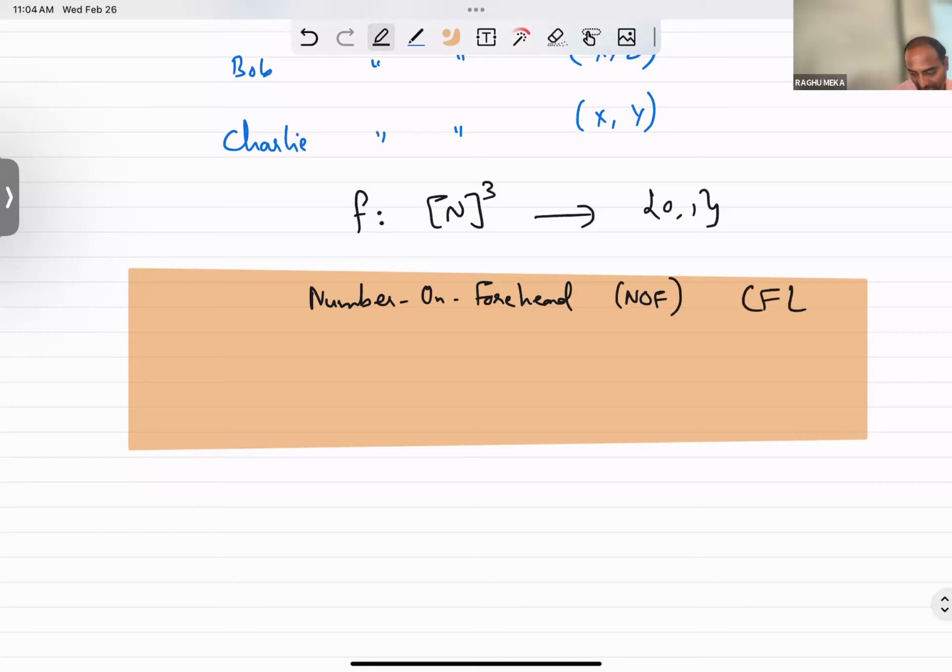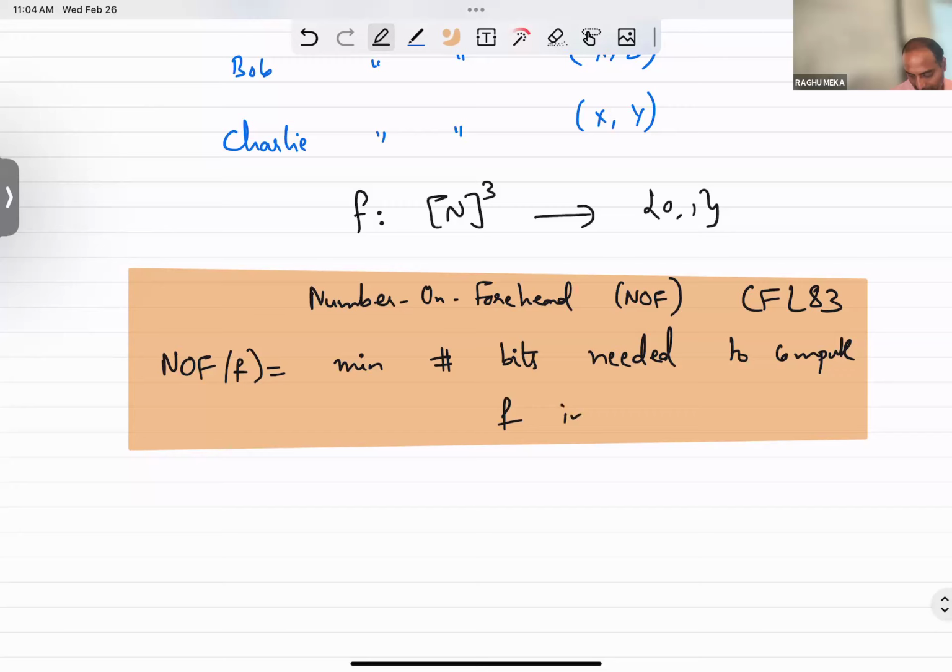It was introduced by Chandra, Furst, and Lipton in 83. So you change who sees what, but the model of communication after that is the same, whether they communicate by broadcast or channels.